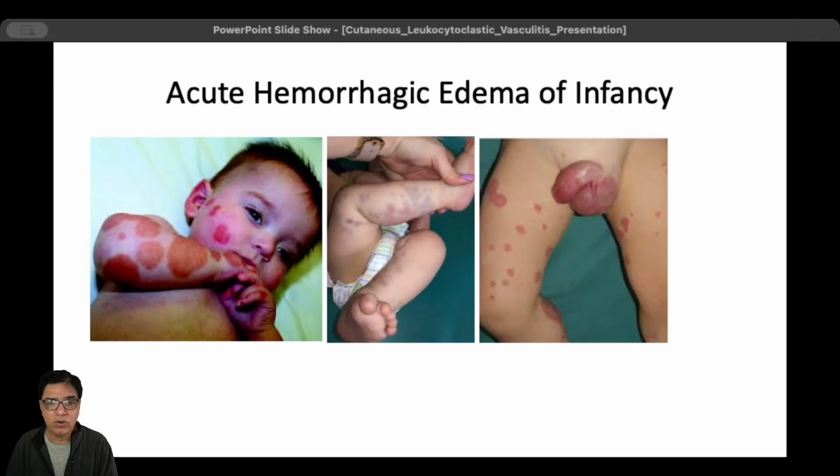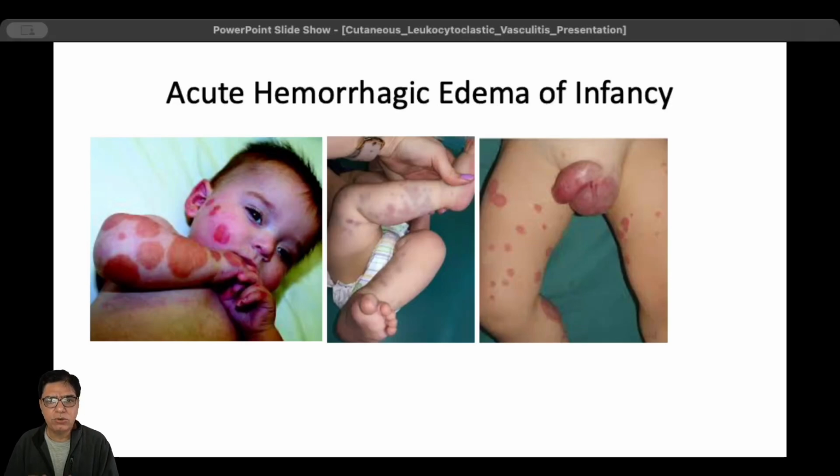It can appear on the lower limbs. It can appear on the upper limbs. It can appear on the cheeks as well. So out of nowhere, all of a sudden, an infant develops these small to big annular lesions, non-blanching, on their skin. They are otherwise very well. They are not unwell. They are absolutely fine. Okay, it looks very scary because you've got all these big rashes appearing on the skin, and that's it.